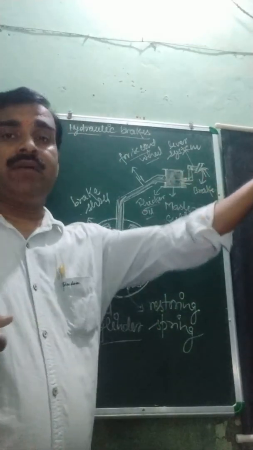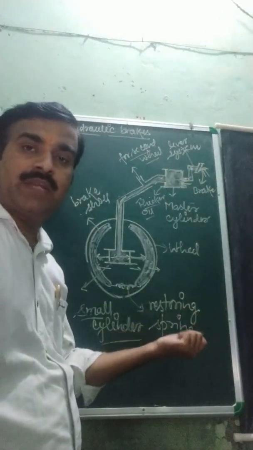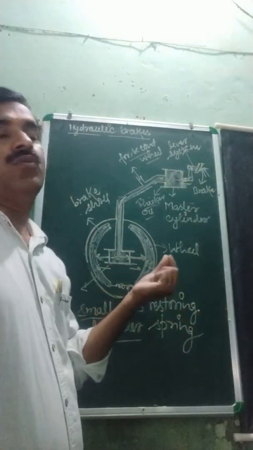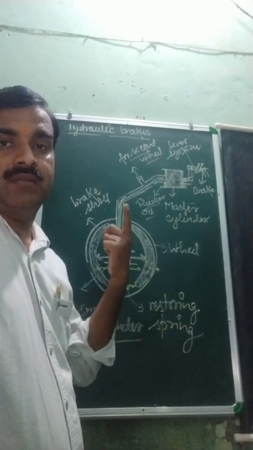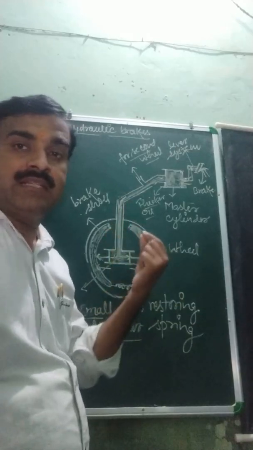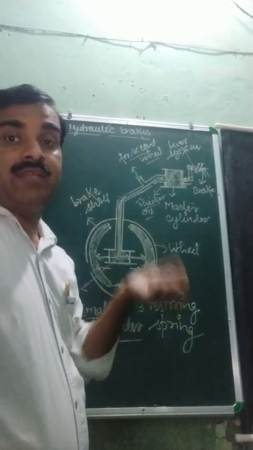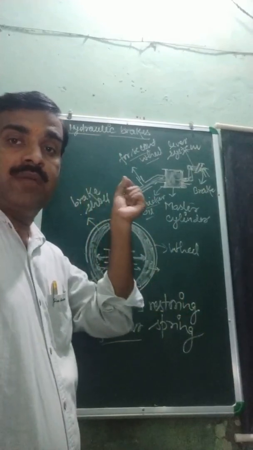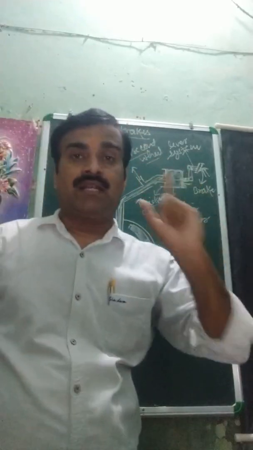Once you release it, immediately by the use of the restoring spring, you can regain the original position of the brake shoes as well as the wheel. By this way the brakes will properly function.